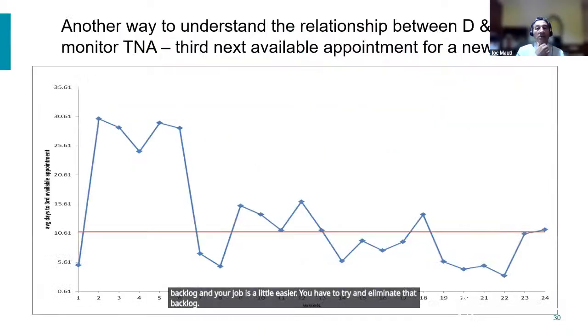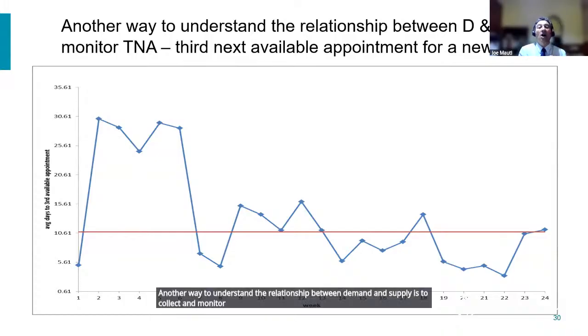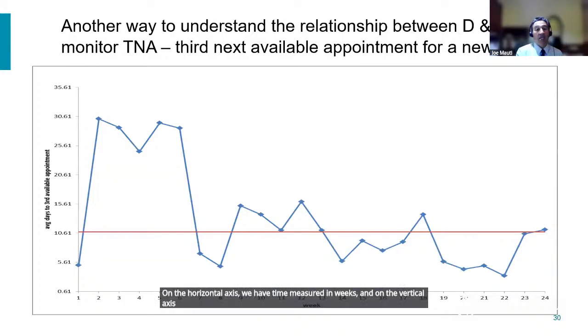Another way to understand the relationship between demand and supply is to collect and monitor data on third next available appointment. This chart represents real data that we collected with a diabetes clinic. On the horizontal axis, we have time measured in weeks, and on the vertical axis, we have days. You could see in the beginning there was backlog, probably because people were on vacation.